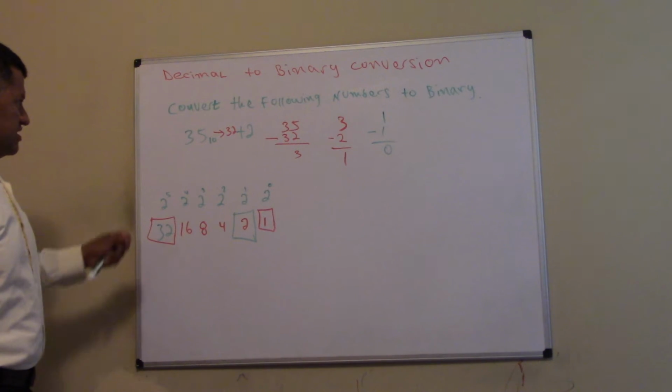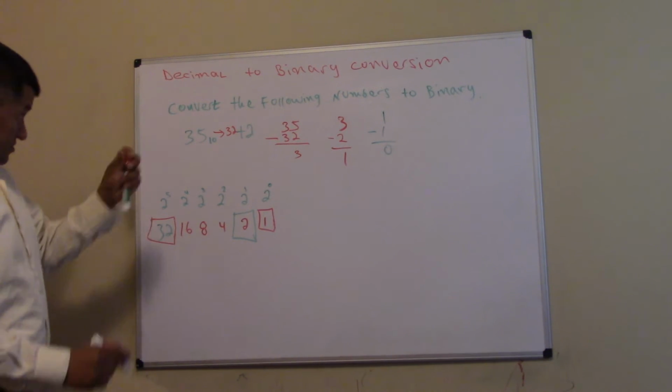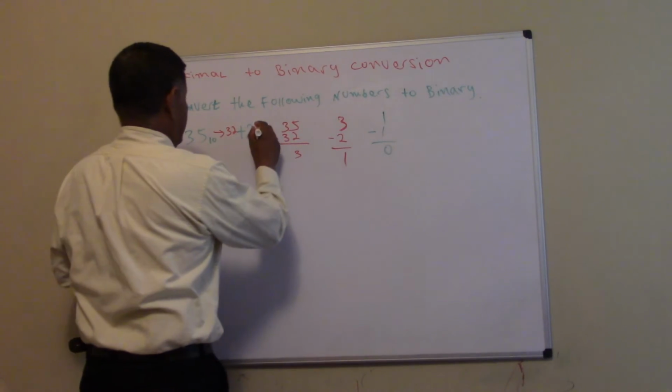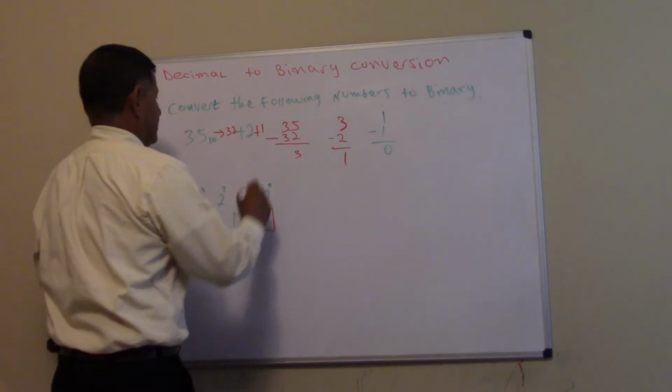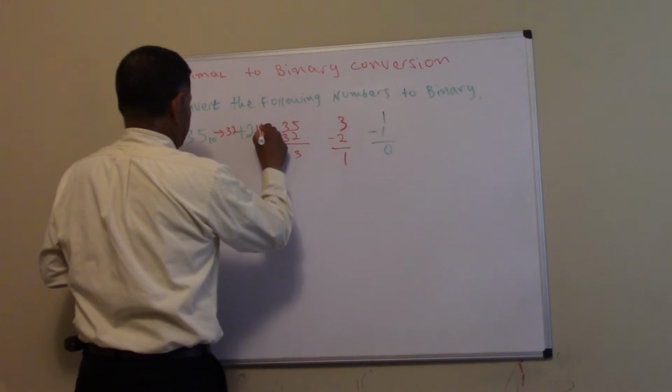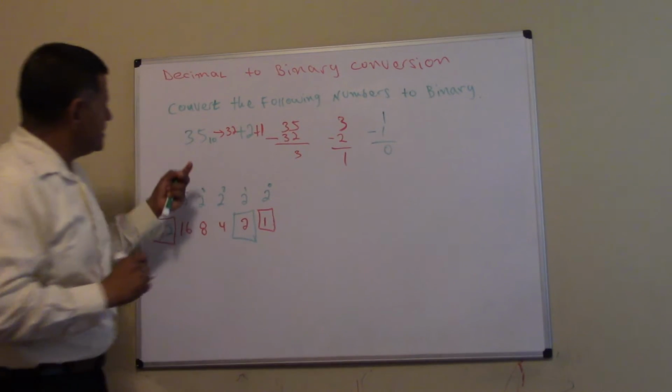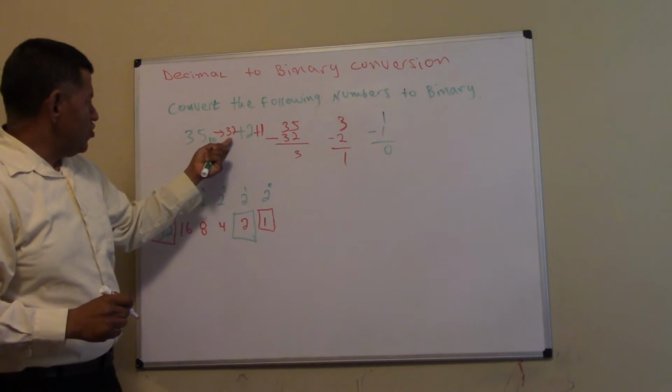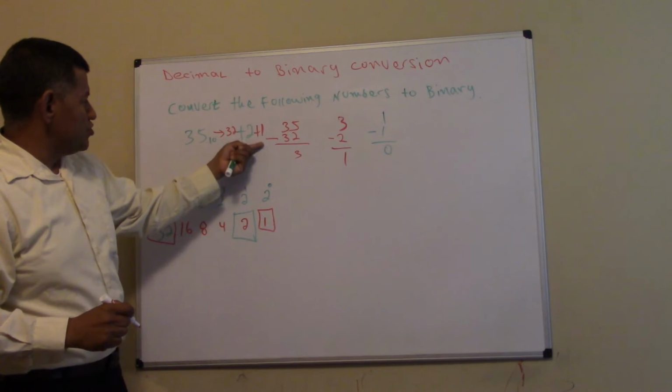Now, I circle this number, because this is important here. So when I add it, 32 plus 2 is 34, plus 1 is 35.